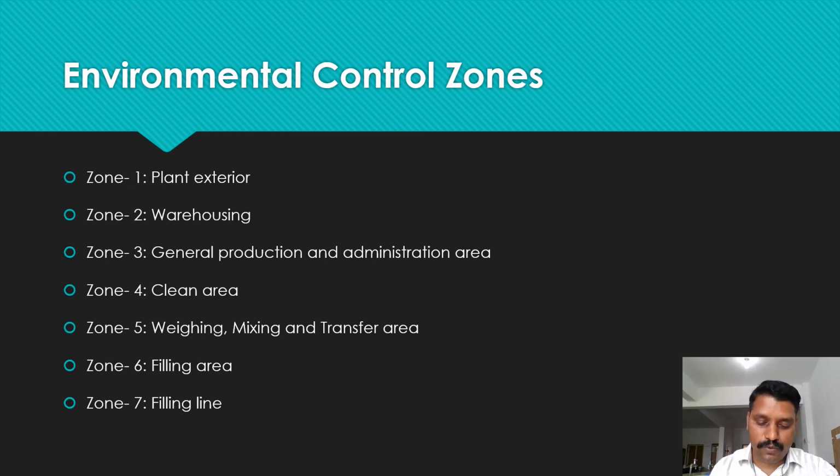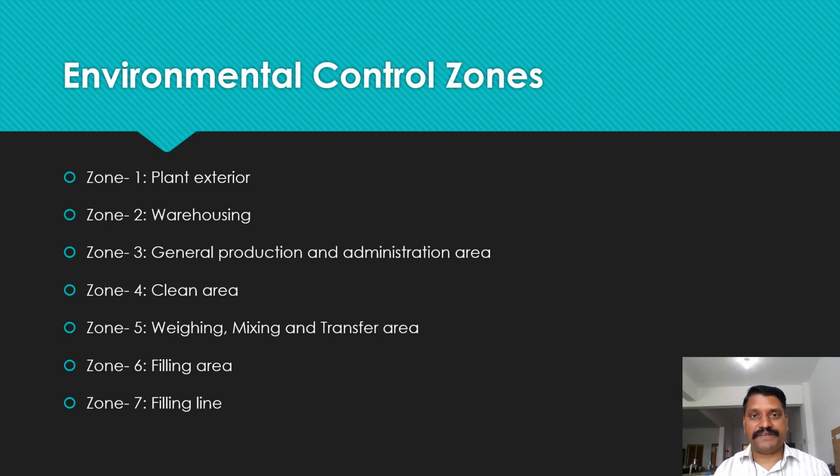The filling area is the most highly controlled environment, created by the structural barrier, and air handling systems are equipped with HEPA filters. Zone 7, filling line: the walls of the filling area are the last physical barrier, and contamination is controlled by the laminar airflow cabinet, the last barrier to contamination.